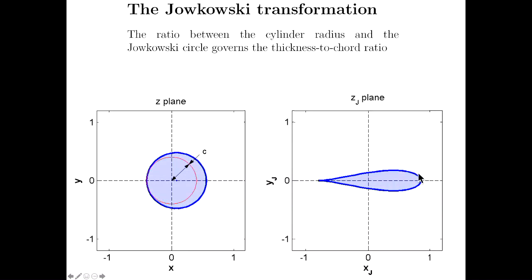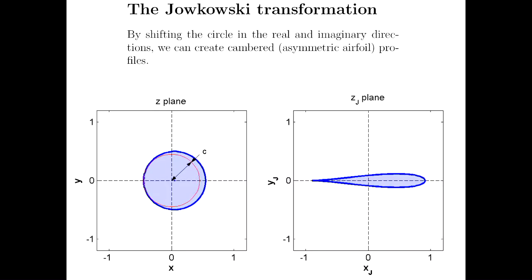You can see the thickness to chord ratio changes as I change the radius of my cylinder, and it becomes thinner and thinner. Now, the next thing that I can do is shift this circle in the y-axis, in the imaginary direction. I'm moving my cylinder up, and you can see that it creates a cambered airfoil, or an asymmetric airfoil.